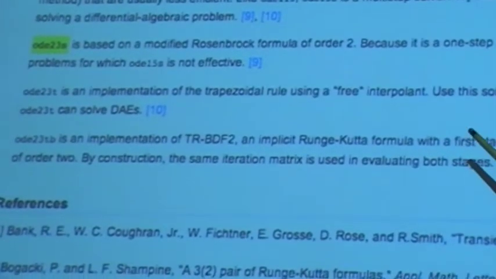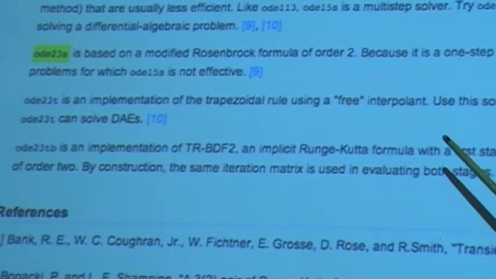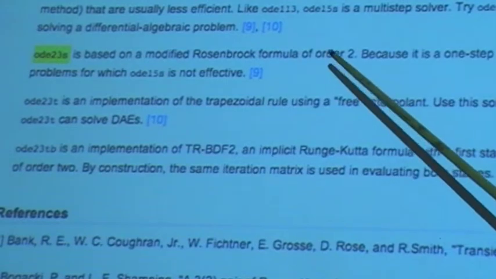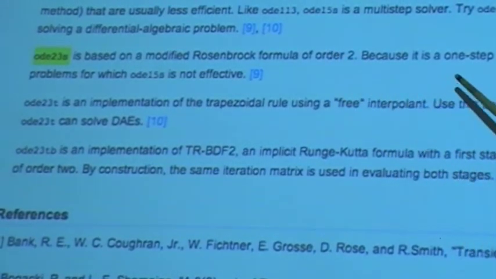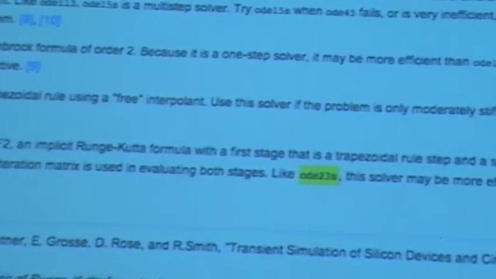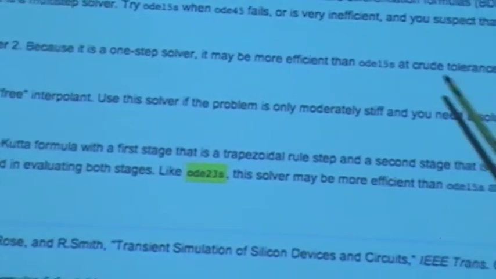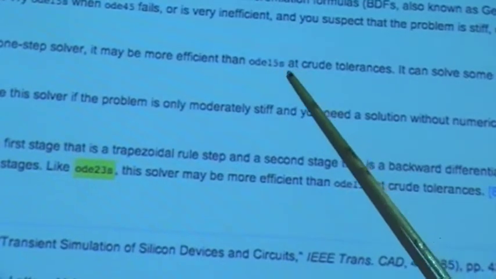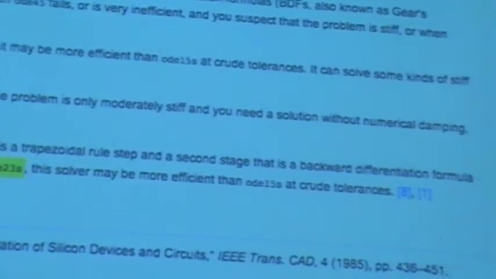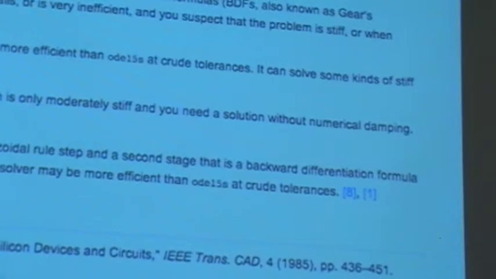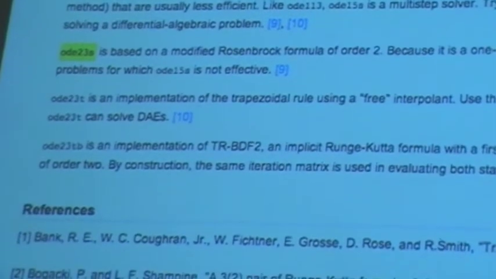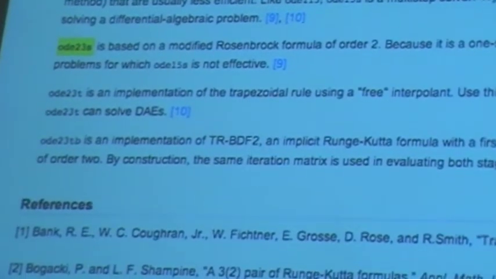This idea to do just one iteration of Newton's method to solve the nonlinear system that you get in each time step. But here it is of order 2. Because it is a one-step solver, it may be more efficient than ODE15s, that is an alternative. We'll look at that in a minute. At crude tolerances, it can solve some kinds of stiff problems for which ODE15s is not effective. So that is apparently a good method for solving stiff problems.